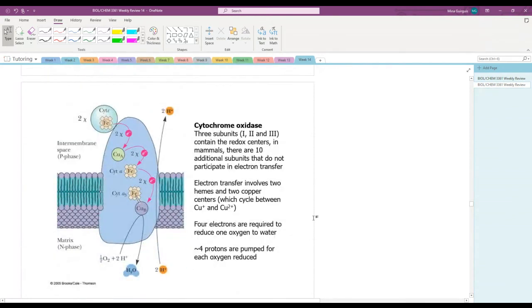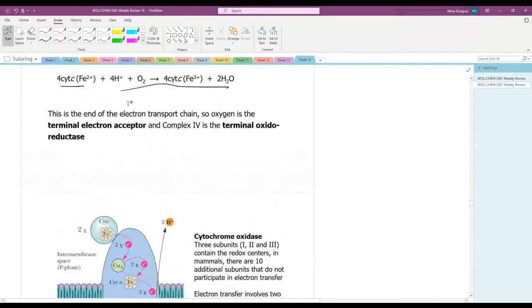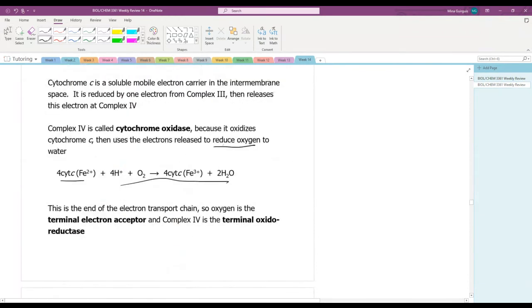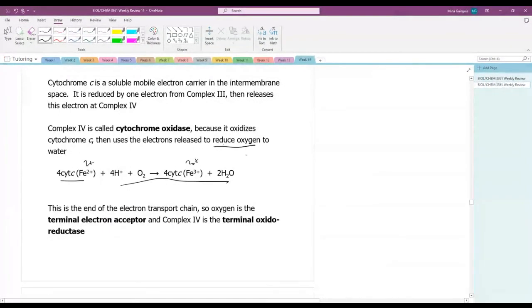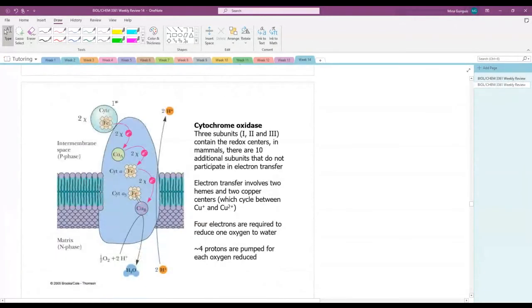So let's talk about that mechanism again. Important to keep in mind, you have one cytochrome C transporting 1 electron, right? This oxidation is from 2+ to 3+, so only 1 electron is being released, okay? So rather than try to make a cytochrome C that transports 2 or 3 electrons, we just use 2 cytochrome Cs. And so each cytochrome C releases an electron.